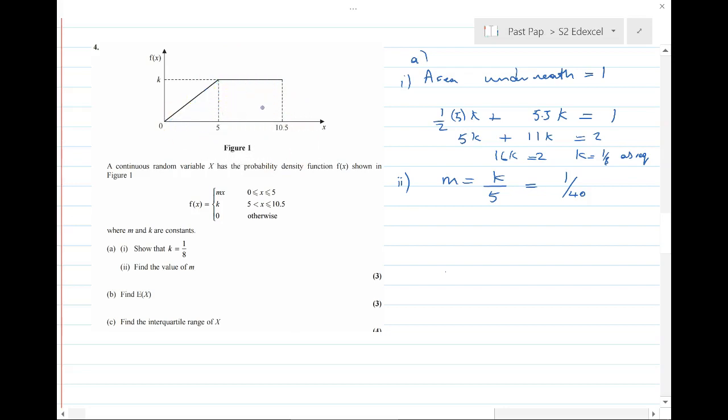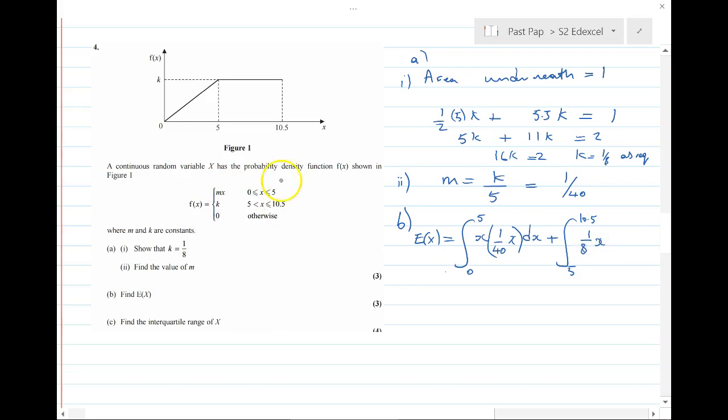So we have E(X) equals the integral for this bit of x times mx, which is 1 over 40 x, between the limits 0 and 5 dx, plus the integral between 5 and 10.5 of k, which is 1 over 8, times x.